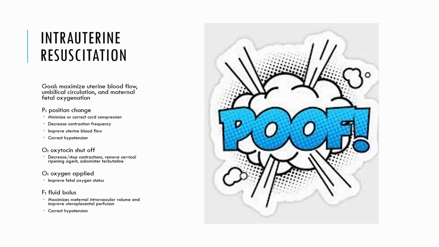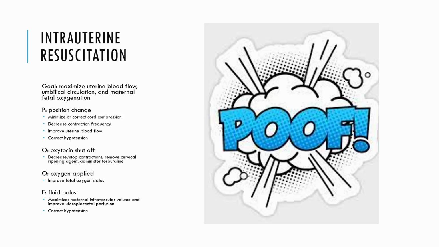So when we start doing interventions, these are considered intrauterine resuscitation. Okay, we're resuscitating our baby while it's still inside the uterus. Our goal is to figure out ways to maximize the uterine blood flow, umbilical circulation, and the maternal fetal oxygenation. So you might hear it referred to as POOF interventions.